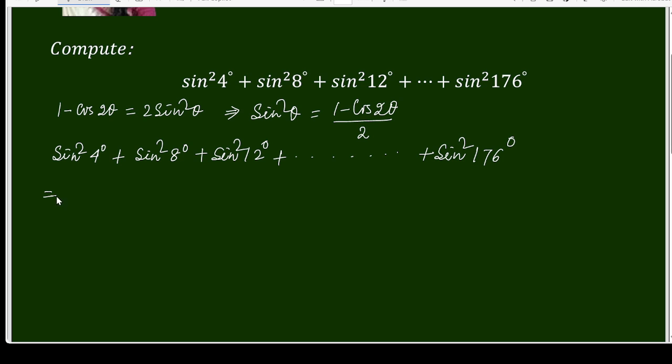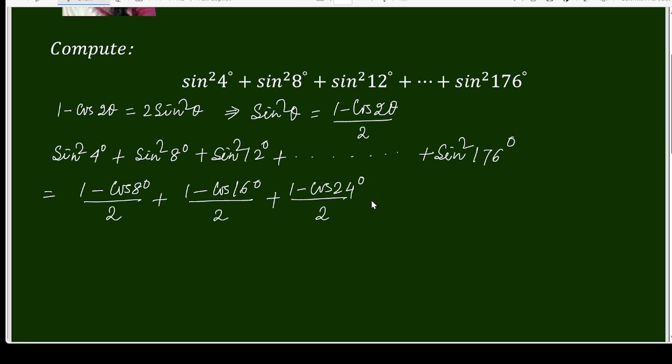So first, applying the formula, it will be 1 minus cos 8 degree over 2 plus 1 minus cos 16 degree over 2 plus 1 minus cos 24 degree over 2, and so on up to the last, very big term, that is 1 minus cos 352 degree over 2.